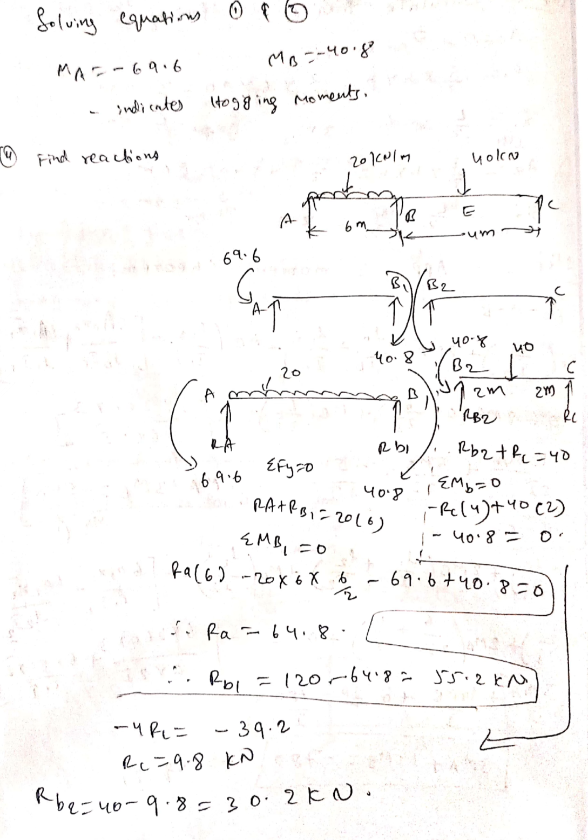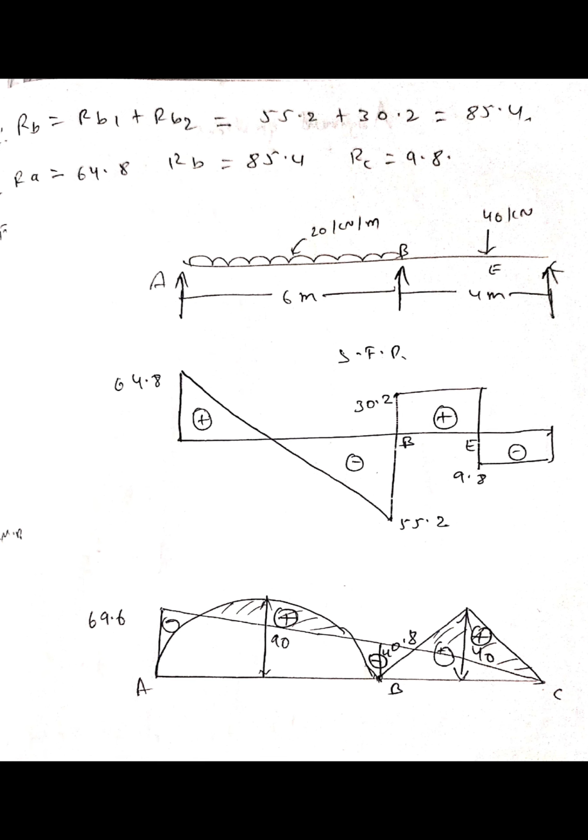Now total RB is equal to RB1 plus RB2. So RB equal to 55.2 plus 30.2, 85.4. RA is 64.8, RB is 85.4, RC is 9.8. So we can draw the shear force diagram. So it will come in this way, SFD. And bending moment diagram, first of all we need to draw the free bending moment diagram.